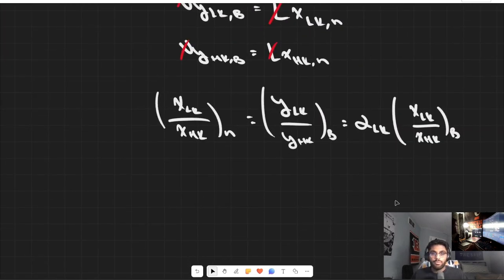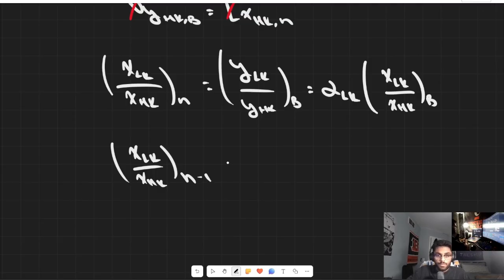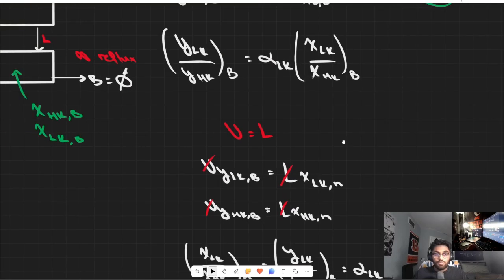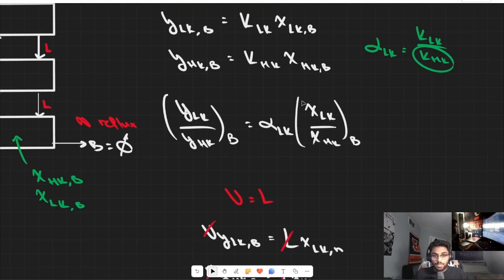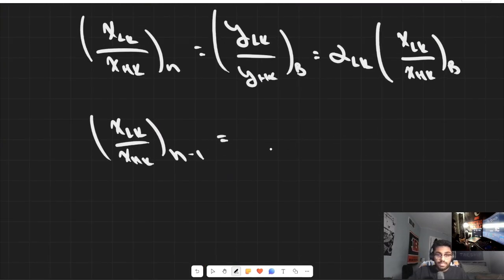What you're going to find when you run through this whole thing again is that now we have this light key, x heavy key from the n-1 stage. You're basically going to repeat this, but you're going to be doing this multiplication twice for the relative volatility.